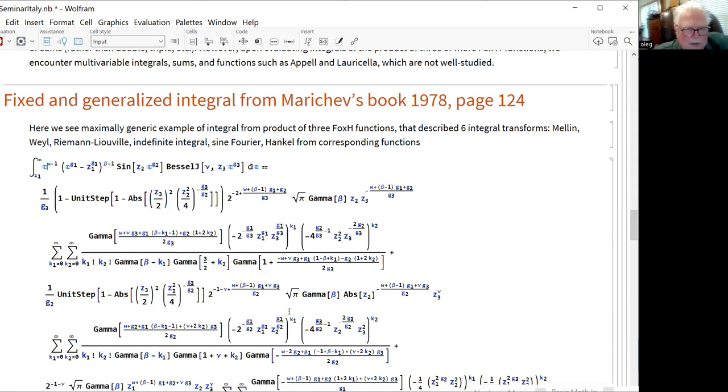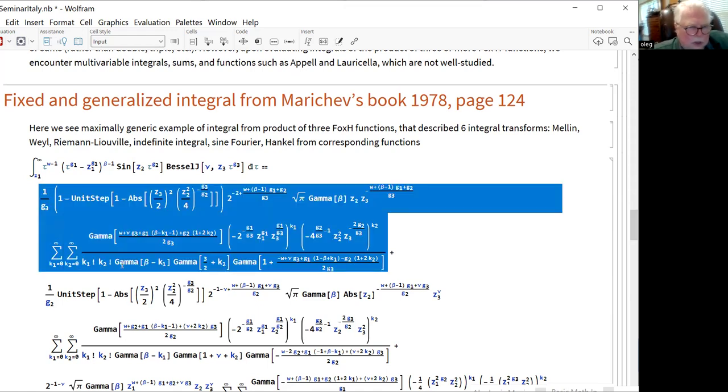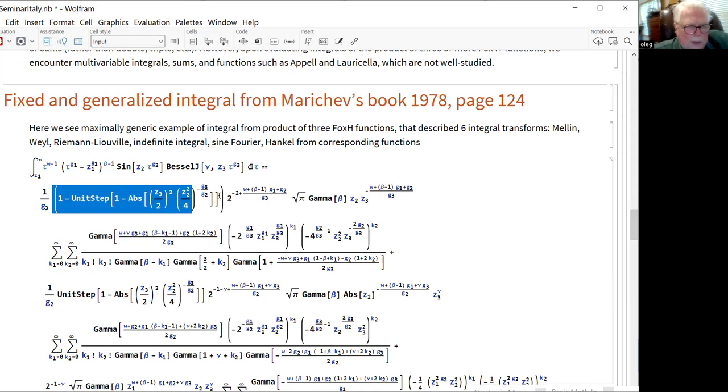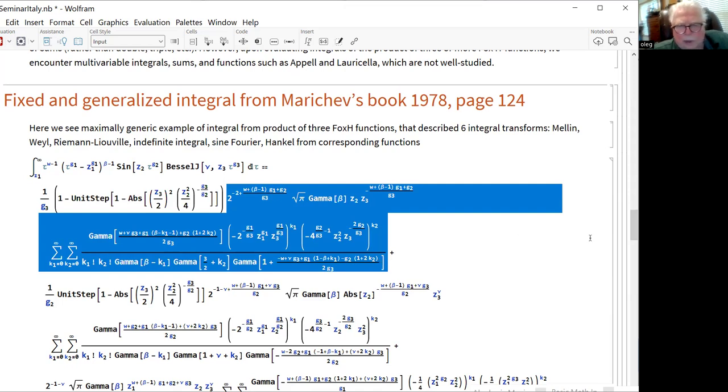I am sure that people never saw such constructions, because you see here a rather big expression in degree K1, in degree K2. It is a series with a very complicated structure, a double summation, with no name for such generic functions. This product, this unit step, regulates the existence of this term in the summation.